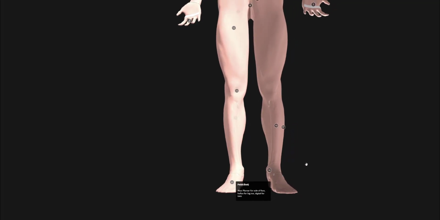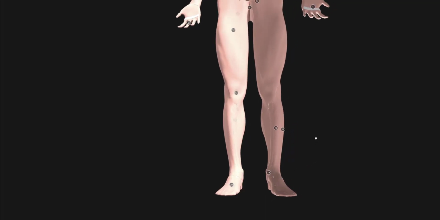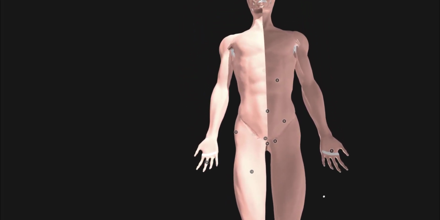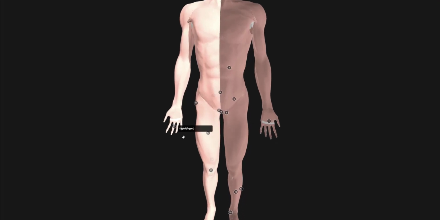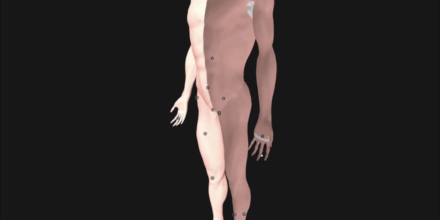And then the foot is called the pedal area. So let's go back up and look at some of these other structures. The hand is called the manual area. And then also the fingers are called digits or digital area, and the pollex is the thumb. That's what this says right here.